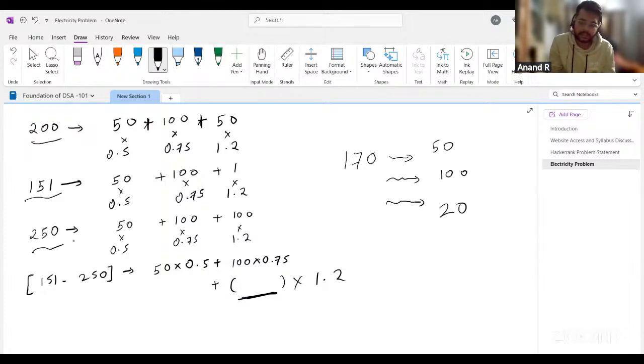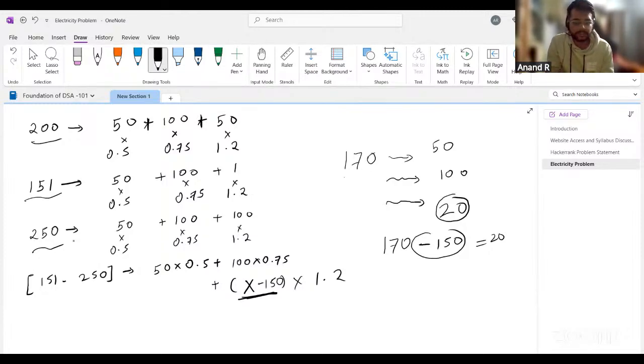So can I say that to this 170, if I subtract 150, I'm left with 20. So I have to subtract by 150, whatever the unit is. So x minus 150, if you are computing it for x, and you can see that this formula will hold true for 151, 200, and 250, right?